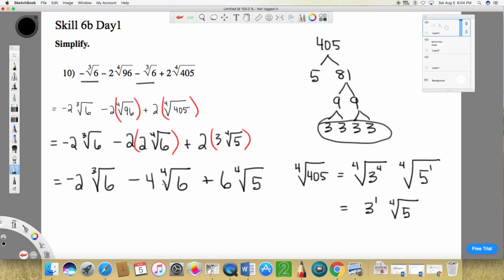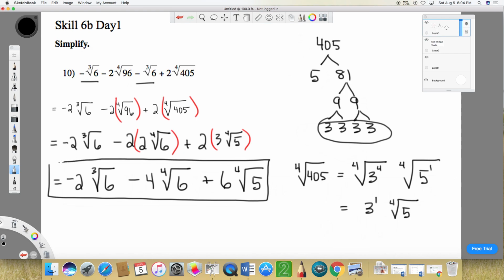That's as far as we can go. Be careful. Just because this radicand right there is 6 and this radicand is 6, these are unlike terms because their indexes are different. So all 3 of these terms are unlike. I can't combine them any further. So there's our final answer, and that was the final problem, I believe.